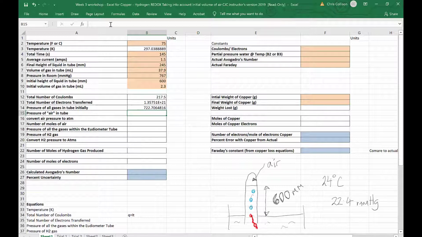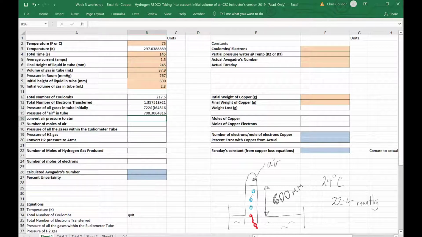So what we're going to do is subtract that value, and we'll do that in cell B15. So we have here equals B14 minus 22.4, the vapor pressure of water, which you're going to look up.